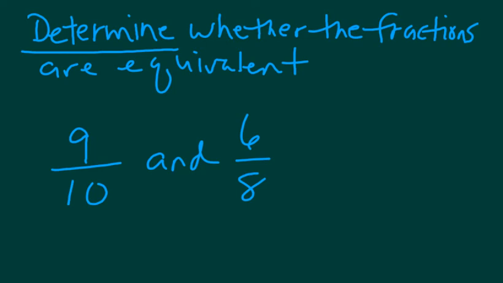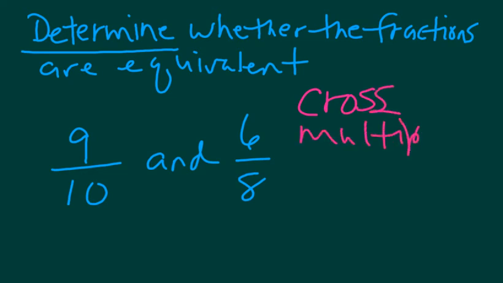It's really easy. It's called cross multiply up. So I'm going to start at the bottom, the denominator of the first fraction, and I'm going to cross multiply up. I'm going to say, well, 10 times 6, that's 60.